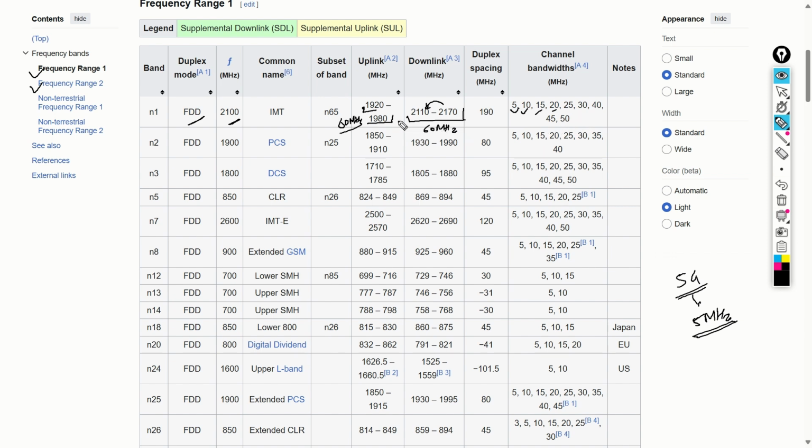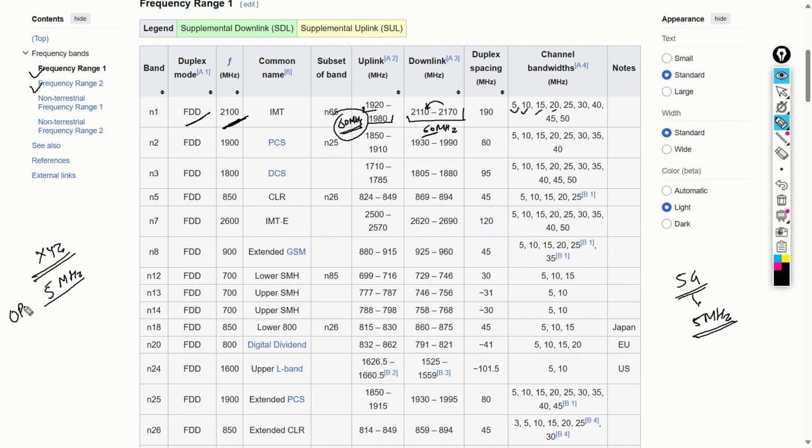But again, because these ranges are limited over the air interface, let's say the government has this much frequency range, 1920 to 1980, to be transmitted within India. And in India, different cities will have different bands. Now in India, if I say I have the FDD frequency range 2100 band for XYZ operator, so XYZ operator can opt for 5 megahertz of bandwidth out of this 60, let's say.